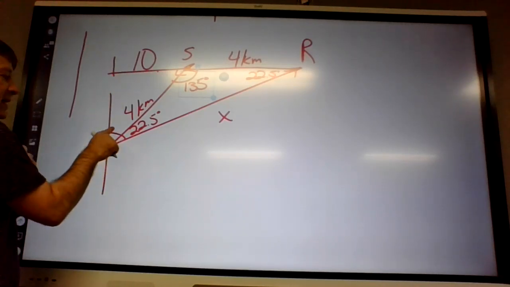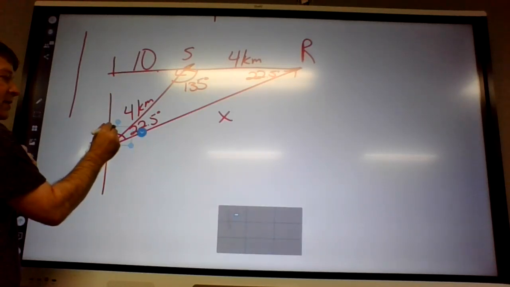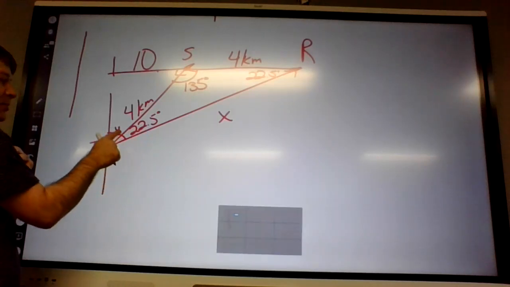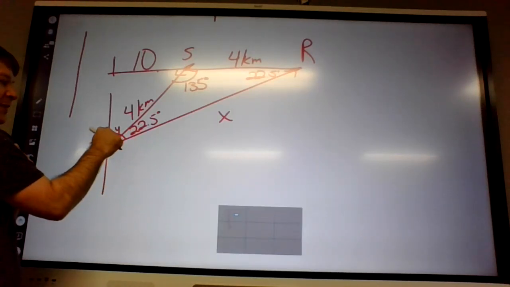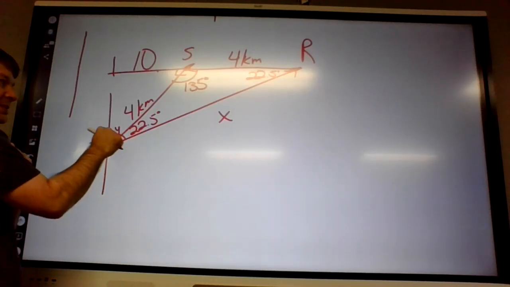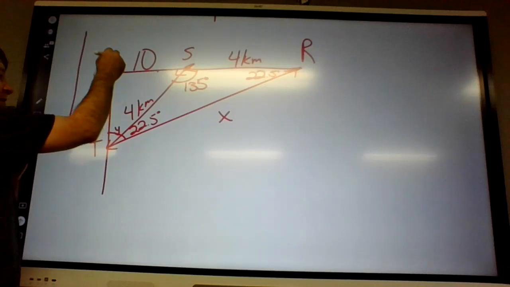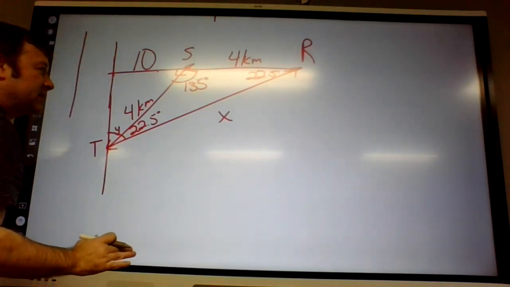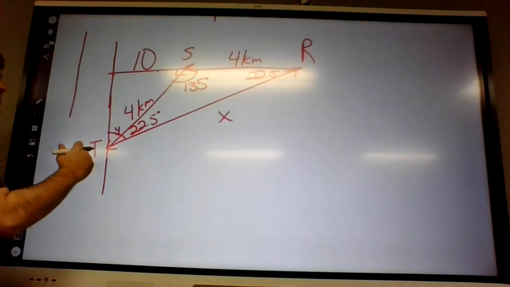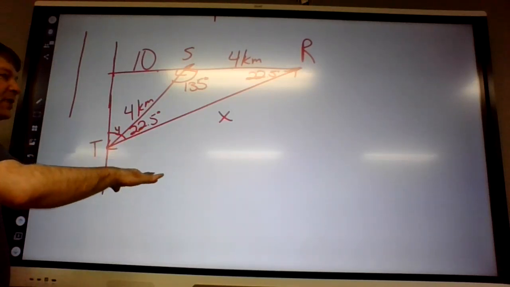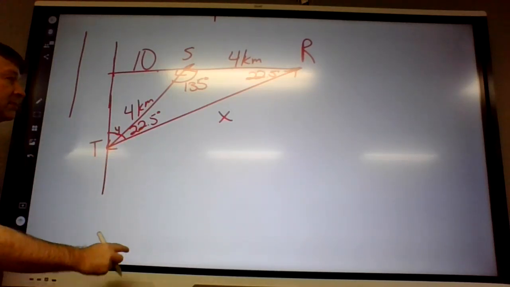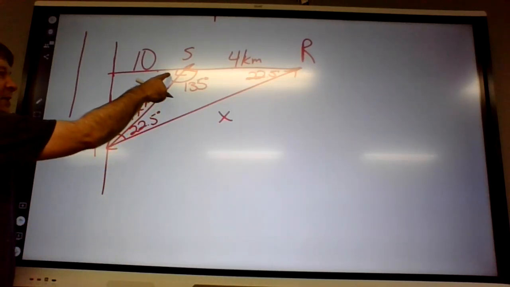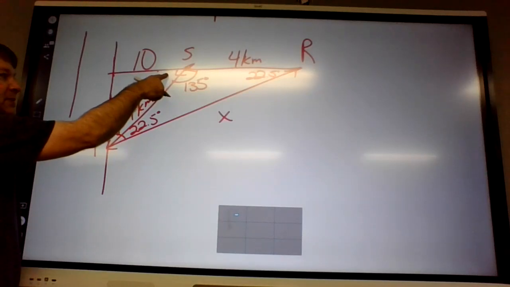Okay, I kind of need to know the bearing. I guess I'll call this a y. I need y and 22.5 to find this bearing. How am I going to do that? I'm going to make my north-south line. So I kind of just start drawing in north-south lines and east-west lines wherever I feel like I might need them. Do you guys know what this angle right here is?